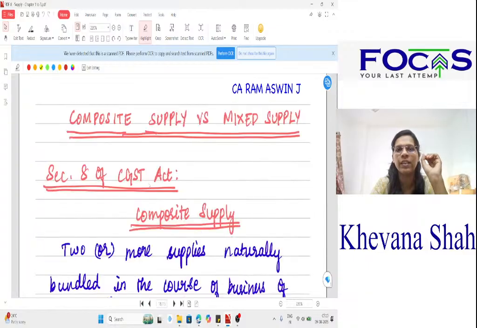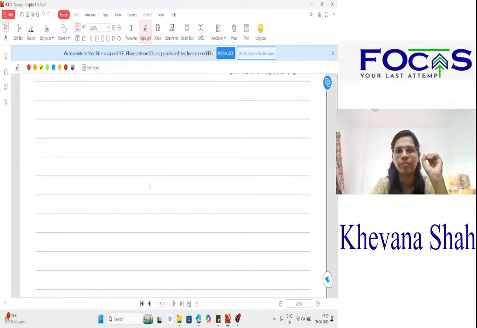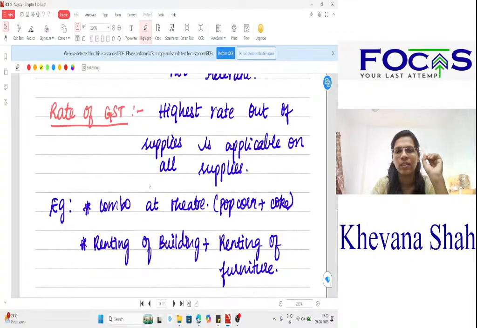Now another example that we have is renting of building and renting of furniture. So see, I have one building which I am renting, and along with the renting of the building I am also renting the furniture. Now if I want, I can rent the building separately and I can rent the furniture separately.